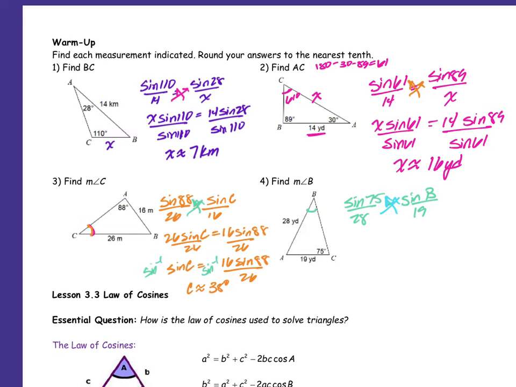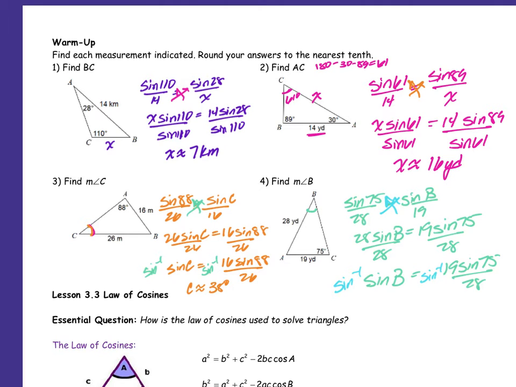Cross multiply, and I get 28 sine of B equals 19 sine of 75, divide by 28. Sine of B is going to equal 19 sine of 75 divided by 28. And again, I don't want sine of B, I just want B, so I'm going to do sine inverse. So B is approximately equal to 41 degrees. Are there any questions on those?